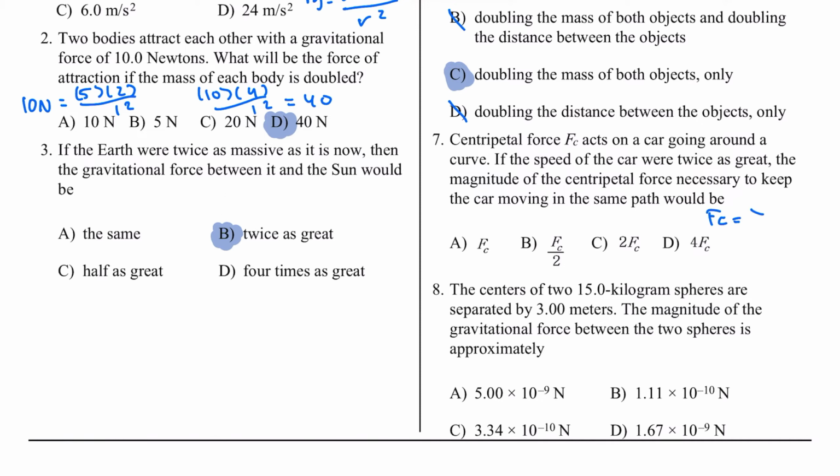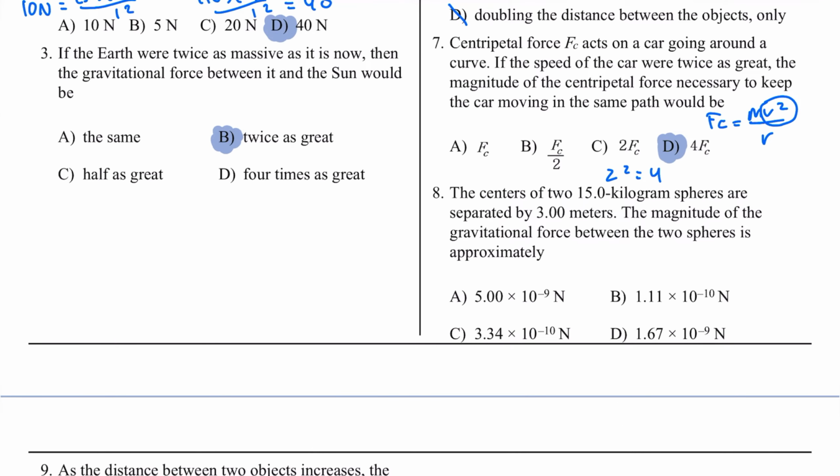Fc equals mv squared over r. So in this equation, velocity is squared. So when we double our speed, we have to take that square into consideration. So because it's squared, double speed doesn't just mean double the force. It would be quadruple the force because 2 squared equals 4. So our answer would be 4Fc.